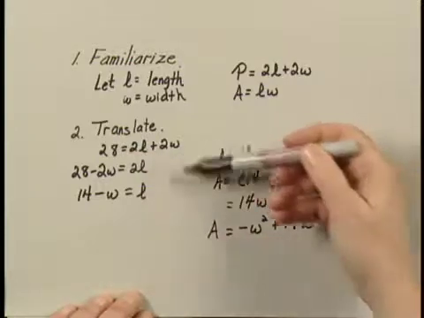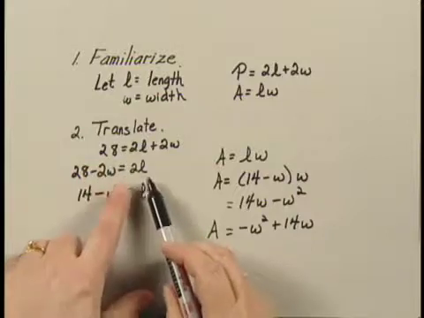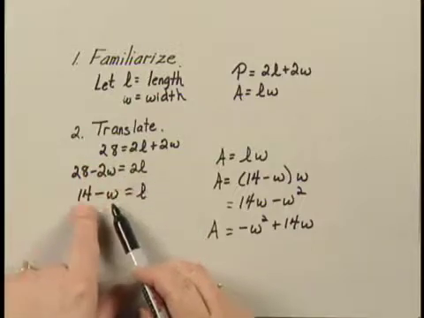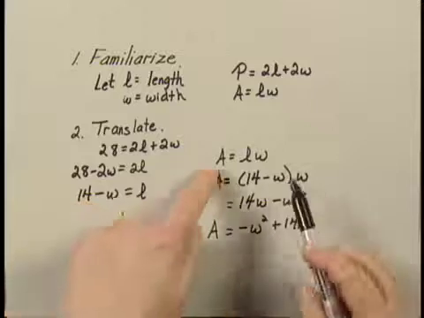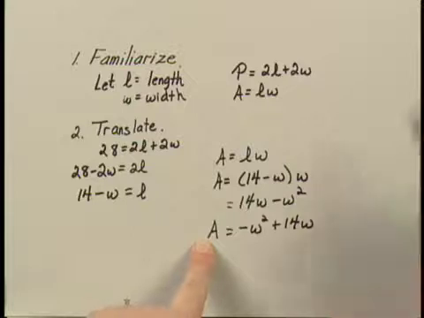Now what I've worked through here is I've used what I know about the perimeter to solve for L in terms of w, to substitute to get an expression for the area with only one variable. That was the key through the translate step.